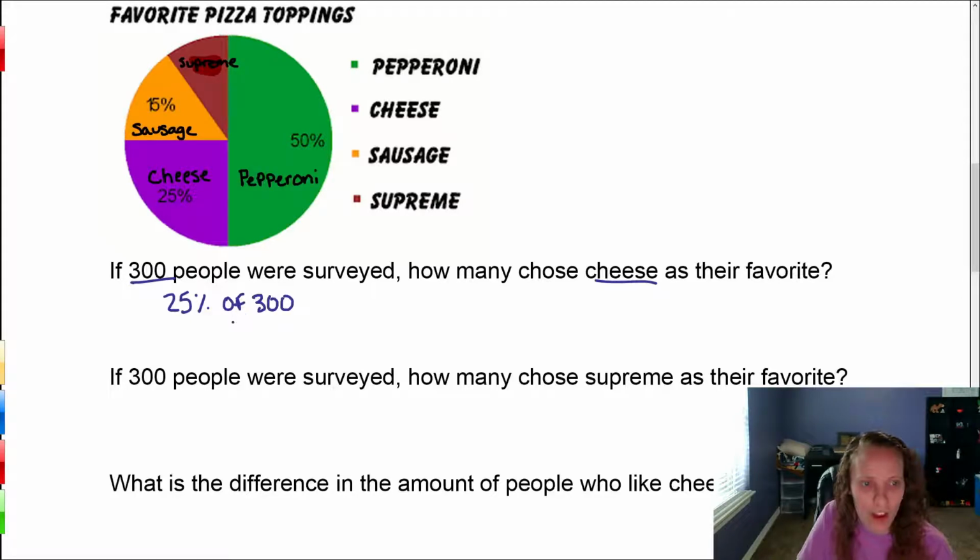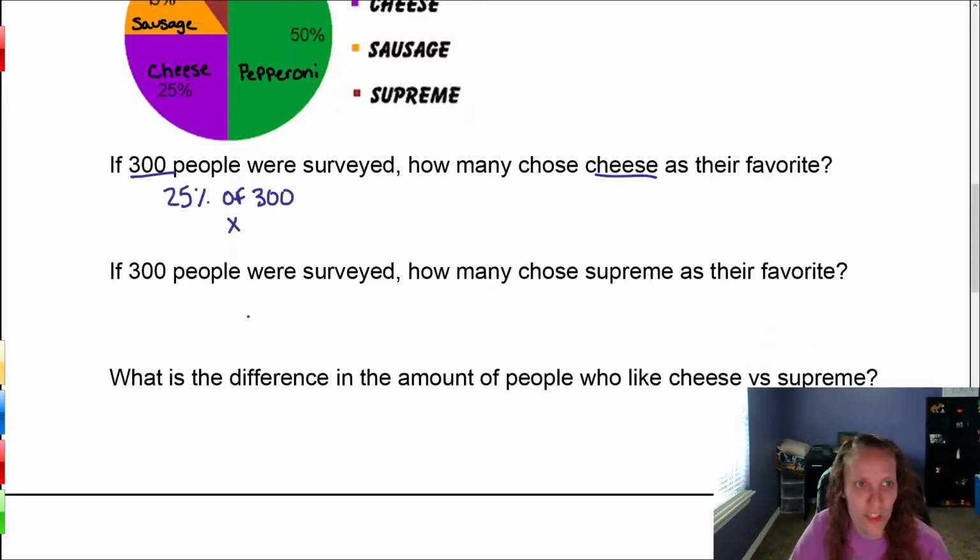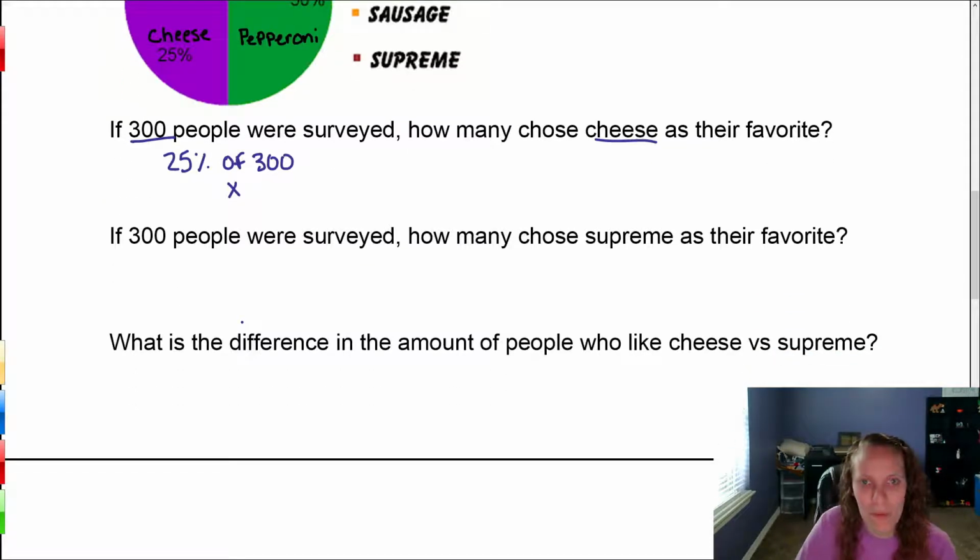Now this word of means to multiply. So we're going to change the percent to a decimal, and then multiply it with the total number. Remember, changing a percent to a decimal, we still move it over twice. It starts after the 5, and then we count twice to the left.